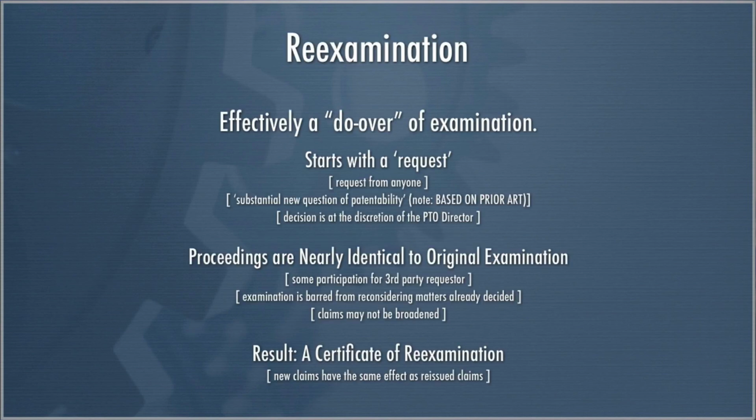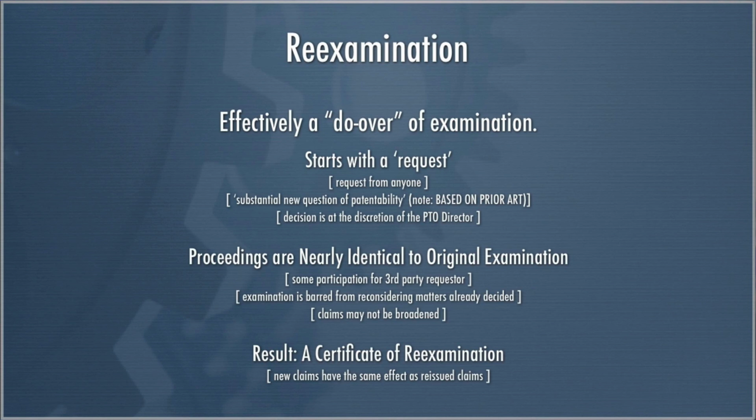So reexamination is effectively just a do-over of examination. Right? And the way that this works is that it starts with a request to the director of the patent office, a reexamination request. This request can come from anybody. The request must demonstrate that there is a substantial new question of patentability based on prior art that needs to be reviewed in order to maintain the integrity of the patent system.